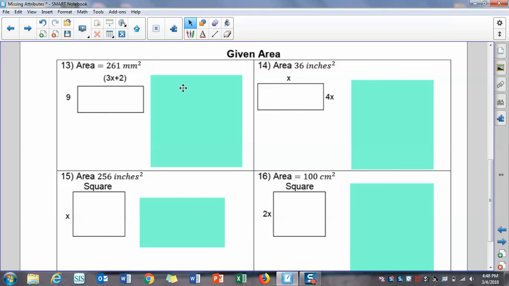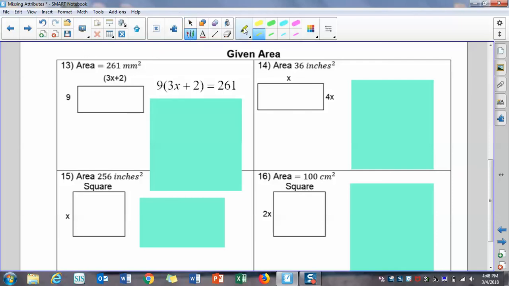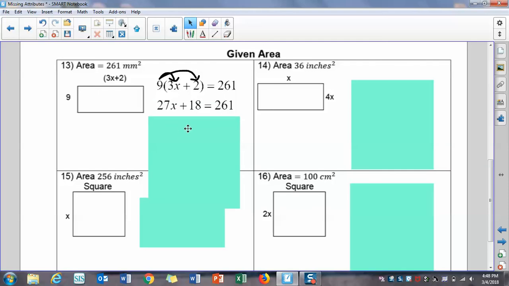So here I have 9 times 3x plus 2, remembering to keep that 3x plus 2 in parentheses, and set that equal to the given 261 millimeters squared. We are going to apply the distributive property to do 9 times 3x and 9 times 2. So we get 27x plus 18 is equal to 261.